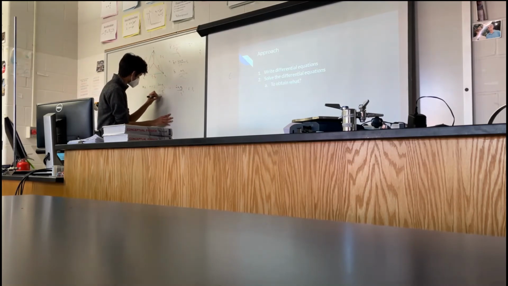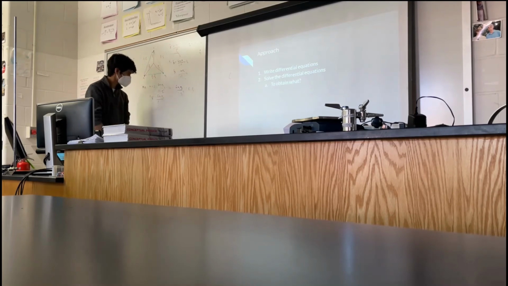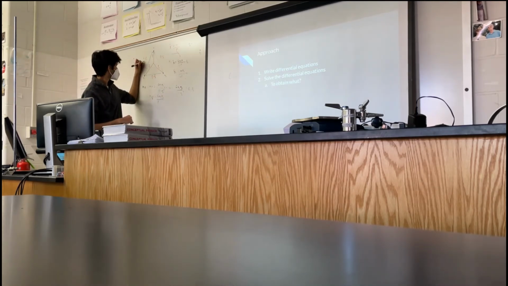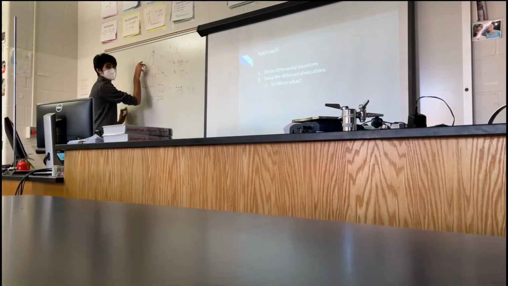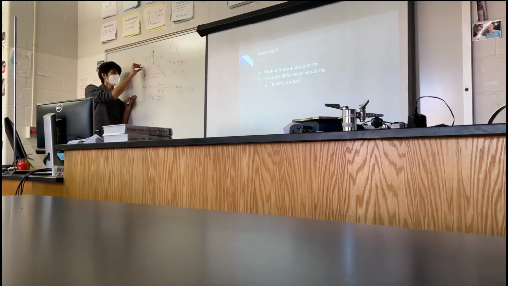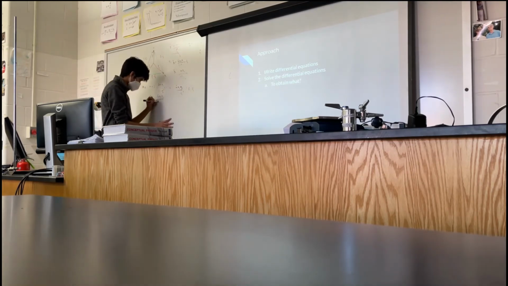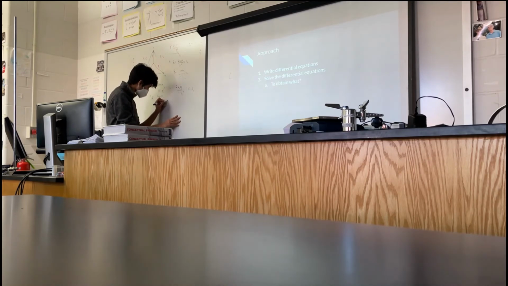Negative G M1 M2 over. I'm glad you said that, but it's actually the other way around, since we're going from here to here. So over the absolute value of R2 minus R1 cubed, times R2 minus R1. Yes, thank you.